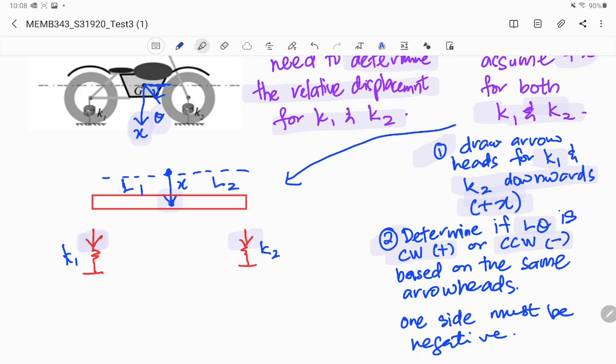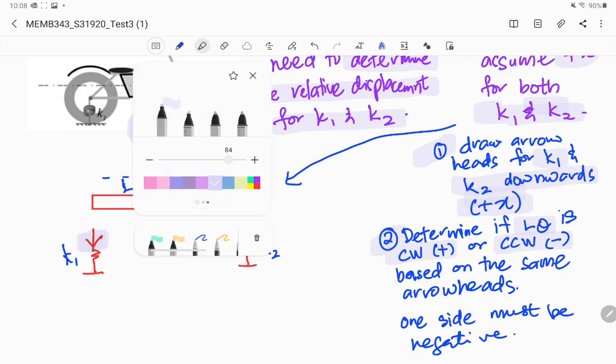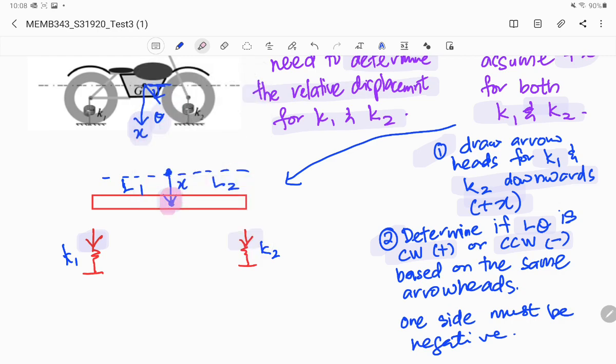Let me change the color to pink. The pink highlight shows the point of rotation. If you go from this point to this arrowhead, you can see it is counterclockwise, which means your L1 theta is negative.